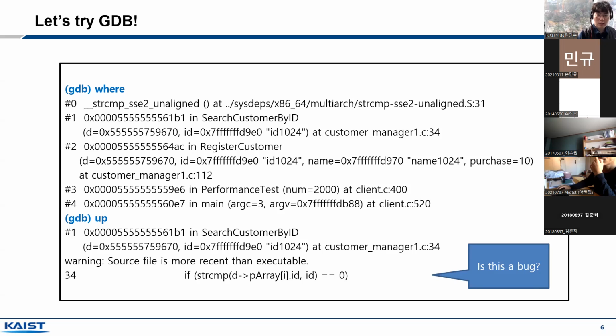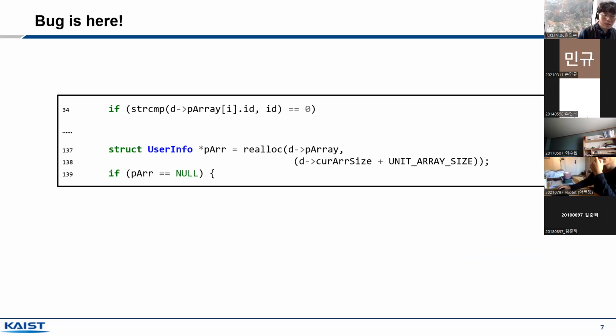It is definitely possible that your bug exists somewhere else, and this only caused the crash, and the debugger only shows where the crash happened, not where your bug exists. Actually, the bug is here. In our implementation, it does the realloc, and it puts it to the P array for expanding your array. Do you see why it is the bug?